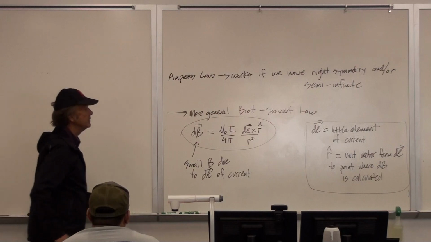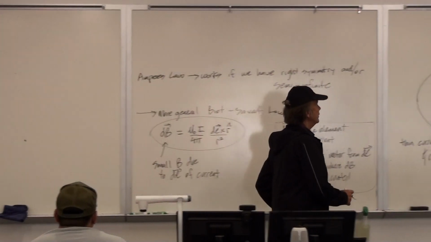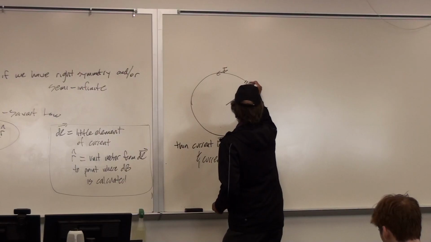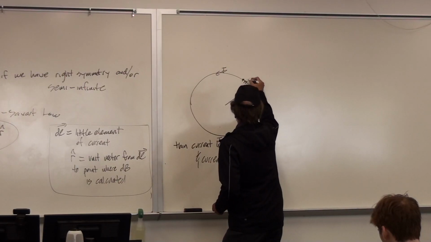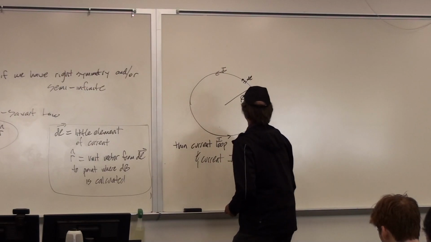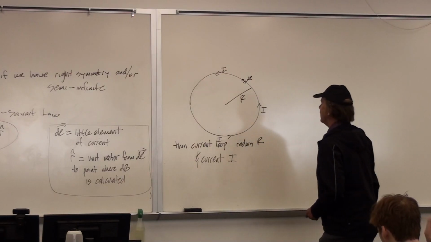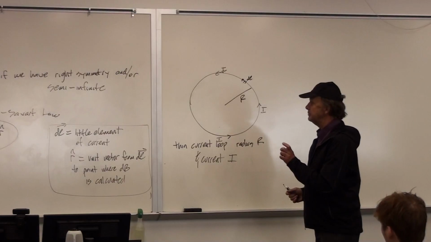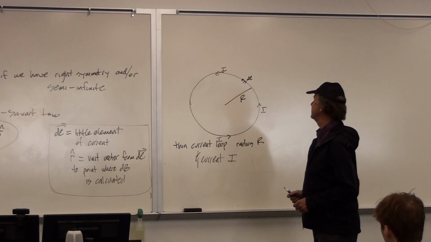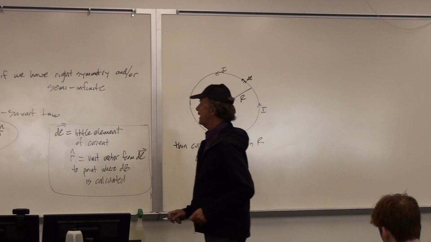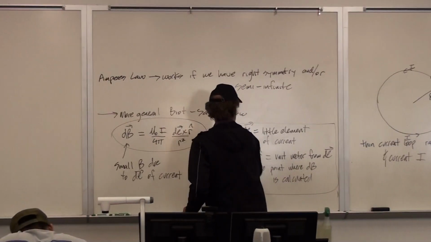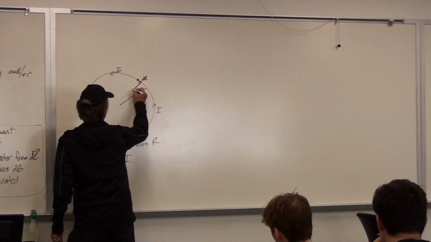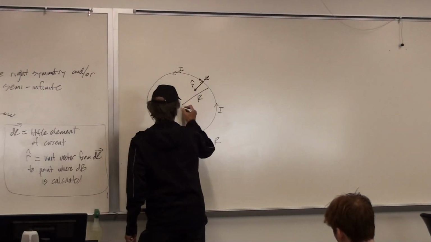We've got to calculate. Okay, so let's do that then by taking a little element of current. Here, I'll call it dl. And so I dl is a little tiny length of current. And then r hat is going to go from the dl toward the point where I'm calculating the magnetic field.